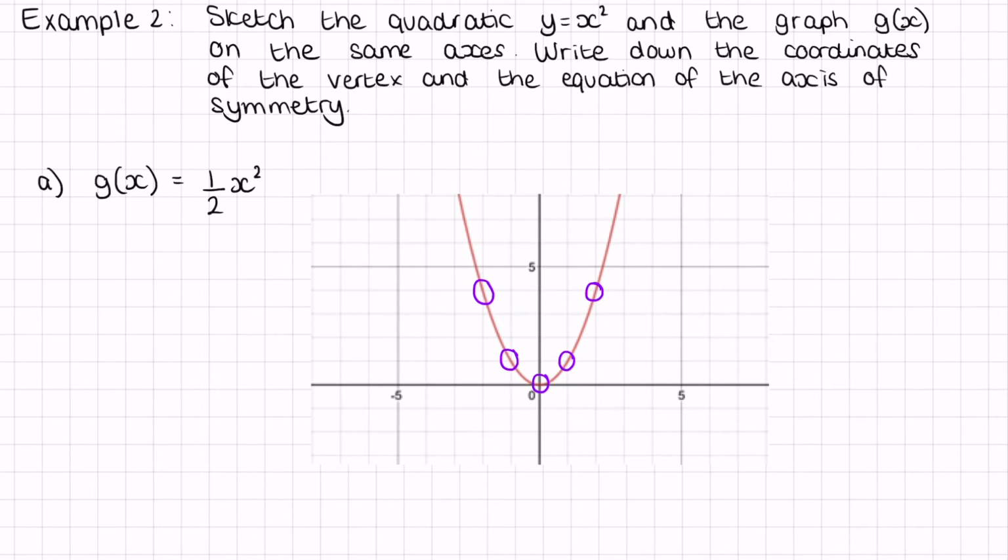So x values stay the same, so I'm just going to put a couple of these in here. So the first point on the left hand side is at negative 2, 4, because negative 2 squared is 4. Now, if we are going to half that, remember the x values stay the same, it will now be at negative 2, 2.